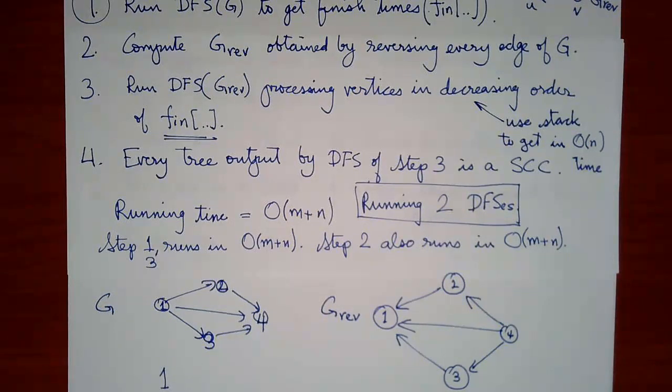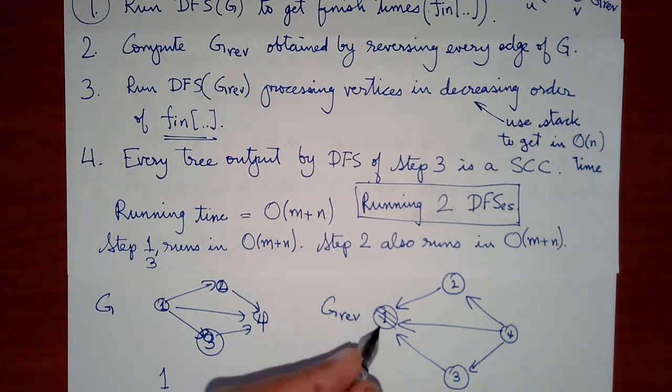Then what happens? Here we'll simply remove or mark 1 as visited. And therefore it will not be in the next DFS trees that we create. Now the next one that we will do is either 2 or 3.